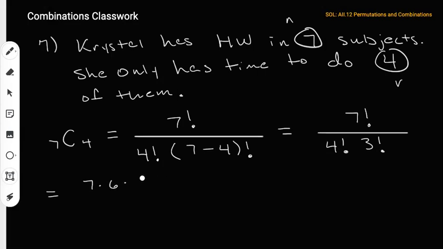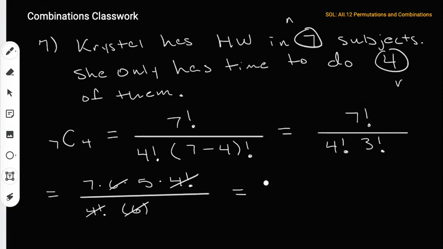So 7 times 6 times 5 times 4 factorial. Stop right there, because in the denominator, I have 4 factorial times 3 factorial, which is going to be 6. So now I can cancel out the 4 factorials on the top and the bottom. I can also cancel out the 6 with the 6, and I'm left with 7 times 5, which is 35. And that's my answer.